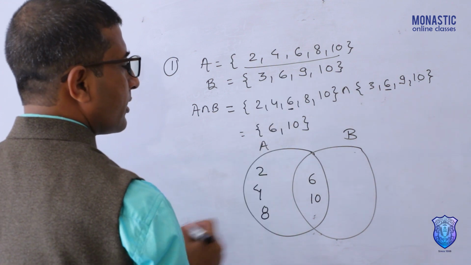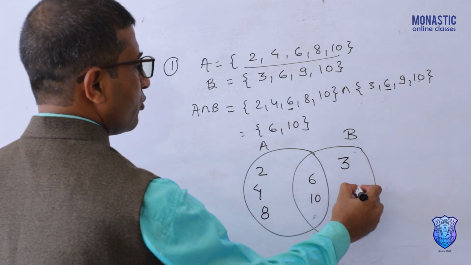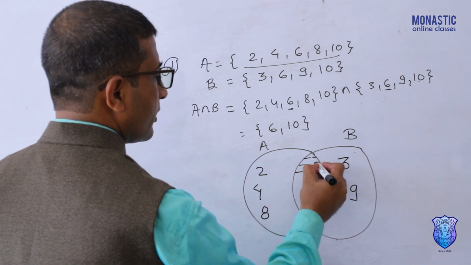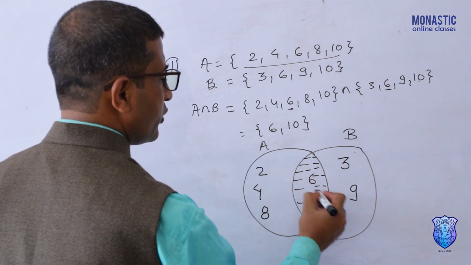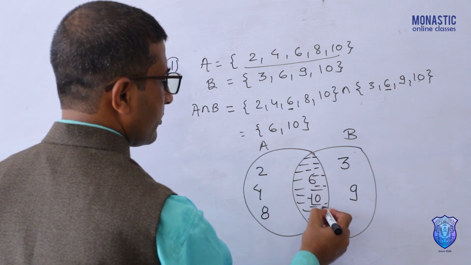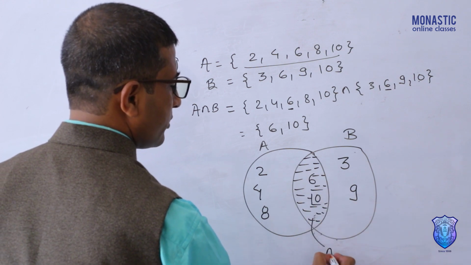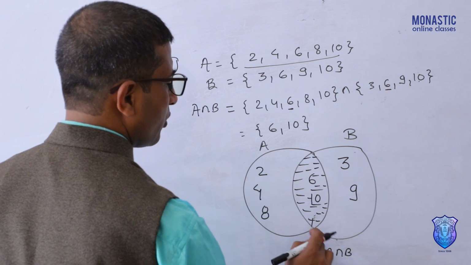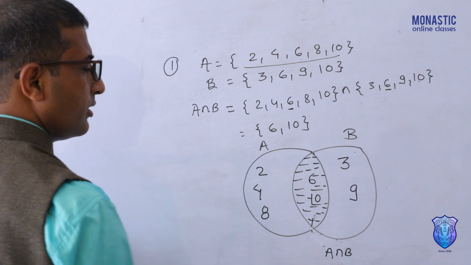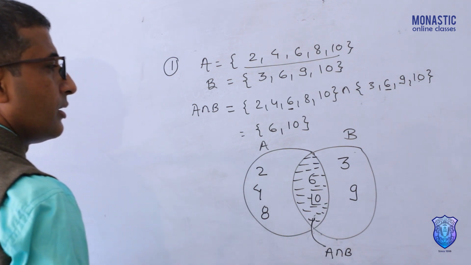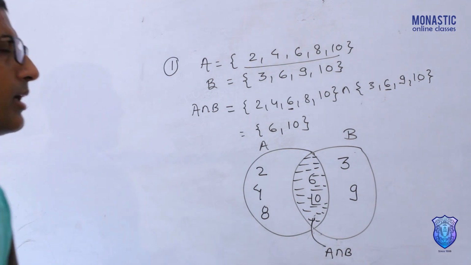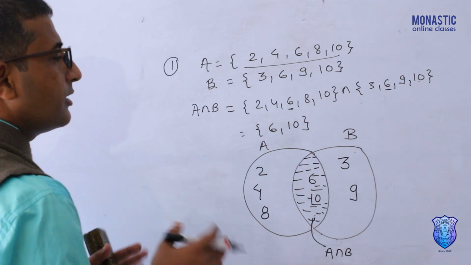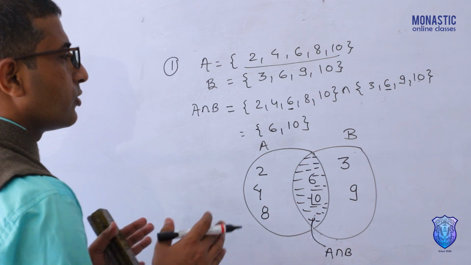And in set B, what are the remaining elements? 3 and 9. These parts represent intersection. We can write A intersection B. We have already said it, so not necessary because shaded region is there, or you can show this. The Venn diagram in all the conditions will be same, but shaded region will be different according to the given question.